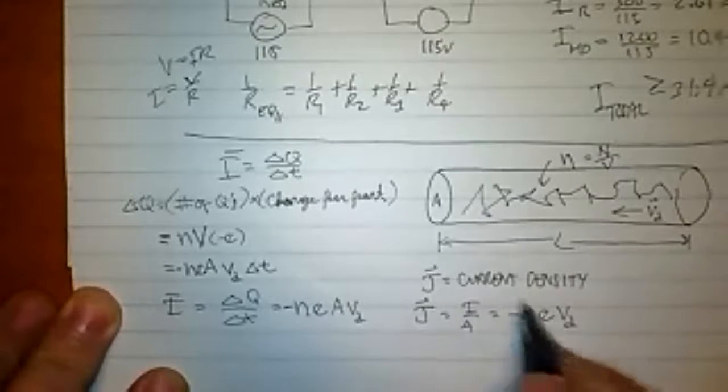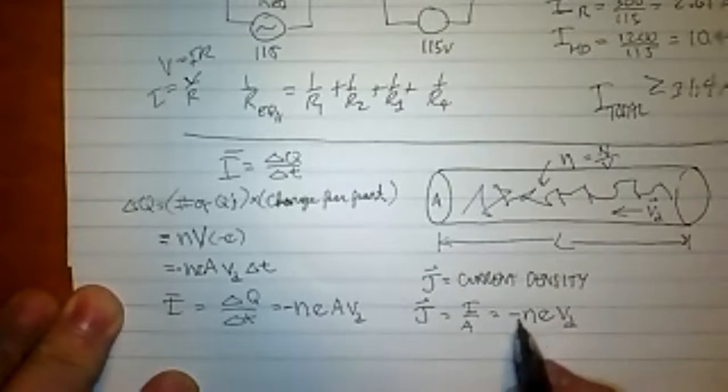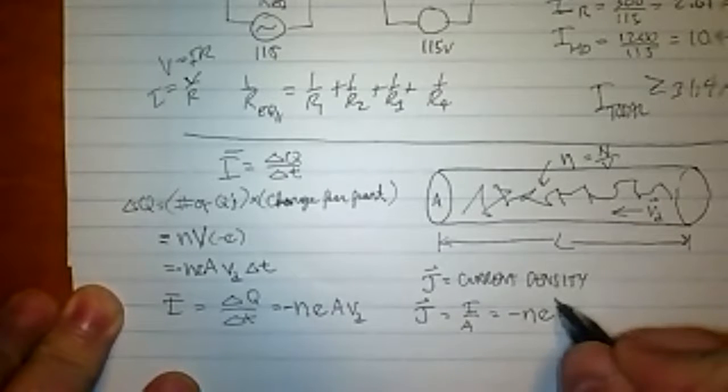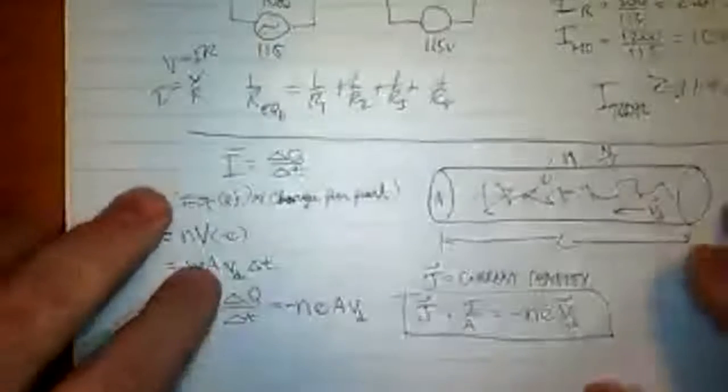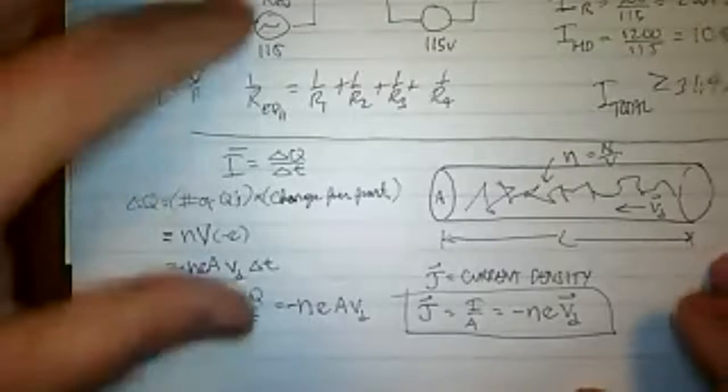The fact that it's negative just tells us conventional current is the direction that positive charges go, so it's got to be the negative of this, because this is the direction that electrons go. That's an actual microscopic description of the current density in terms of parameters that in principle we can calculate.